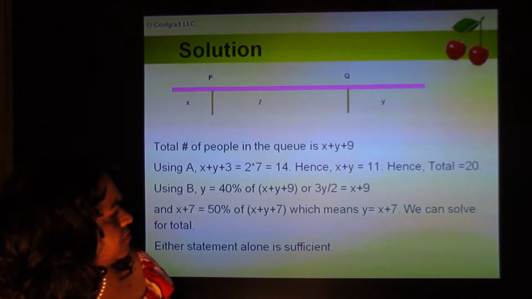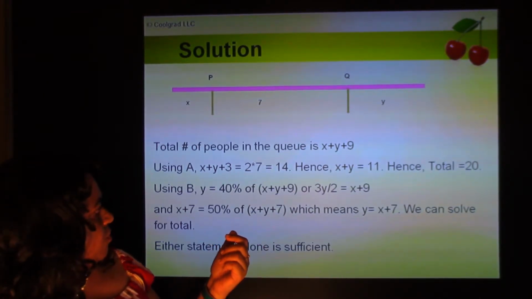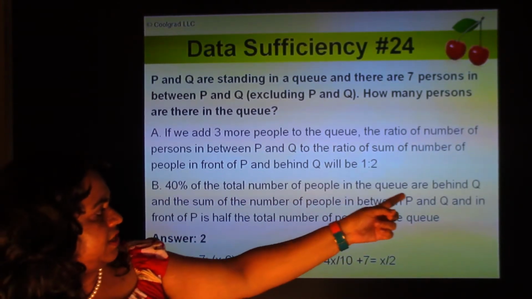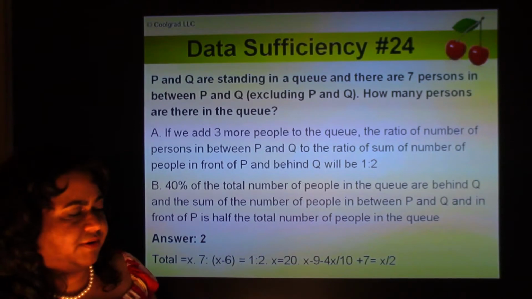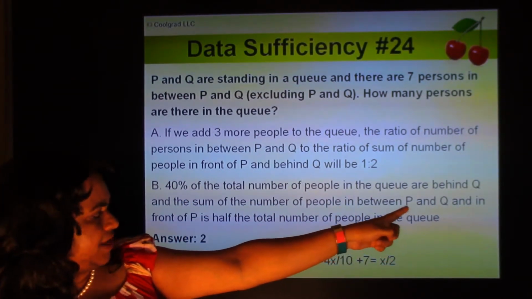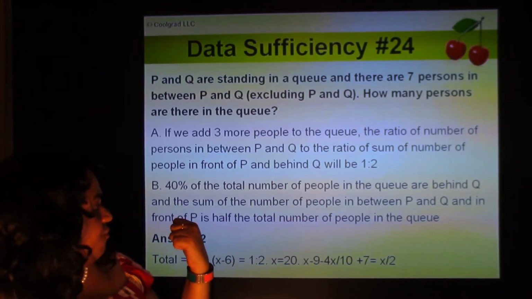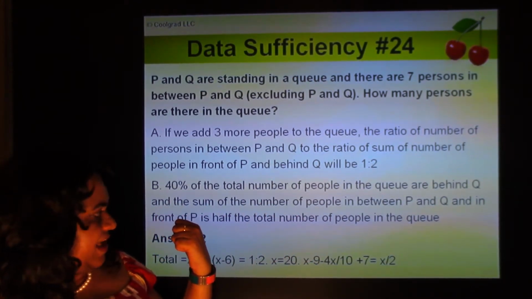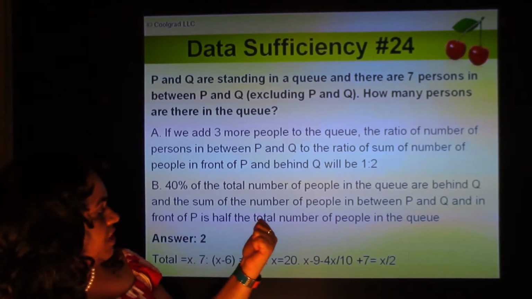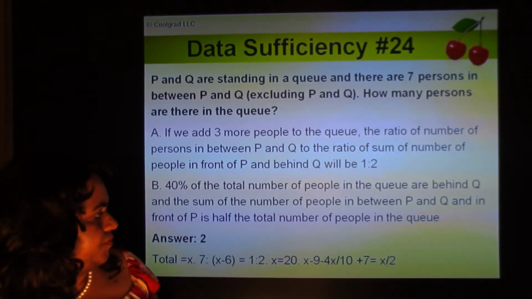And we have one more part over here. 40% of the total number of people in the queue is behind Q. Using that, we solved something. And the sum of the number of people in between P and Q, so that is 7, and in front of P, okay, that is X. So 7 plus X is half the total number of people in the queue.